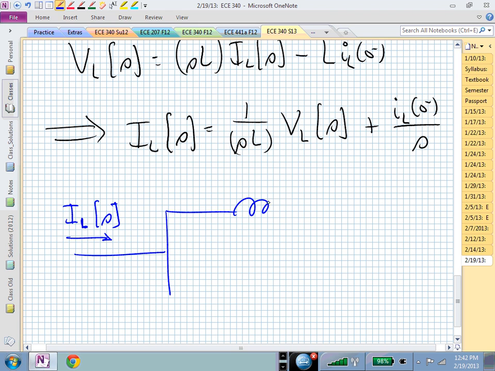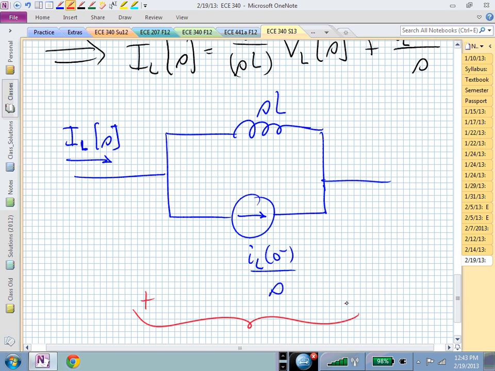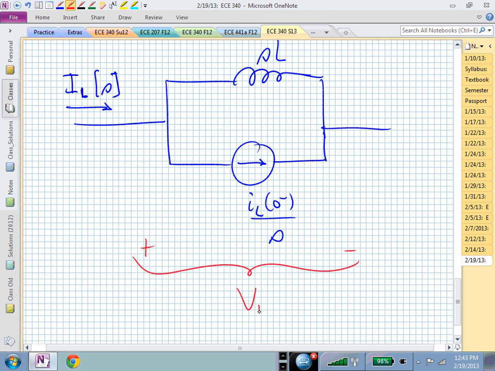One part is the conventional impedance piece, and the other part is actually a current source, and it's going in the same direction that the original current was going, and this has then a value of I sub L of 0 minus over S, and the voltage dropped is now between those nodes on the left and the right-hand side. And that's now for nodal analysis.